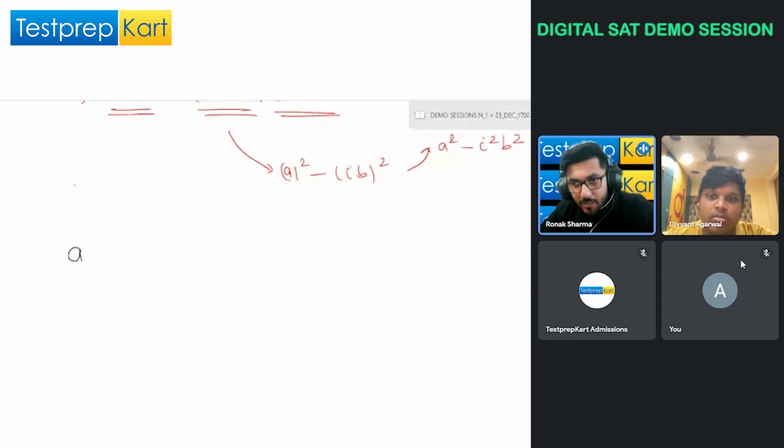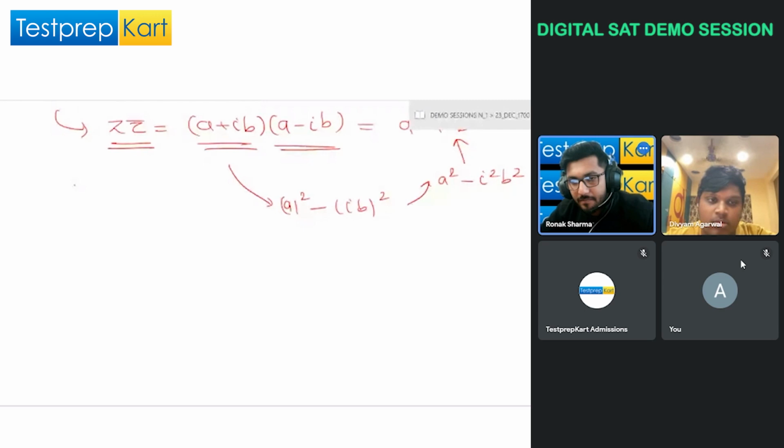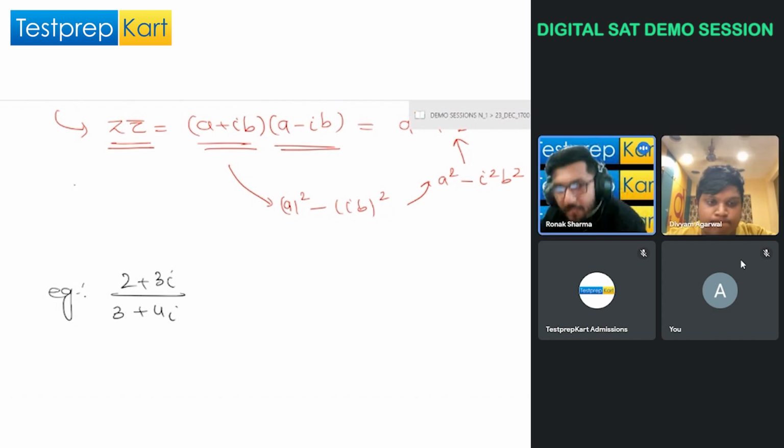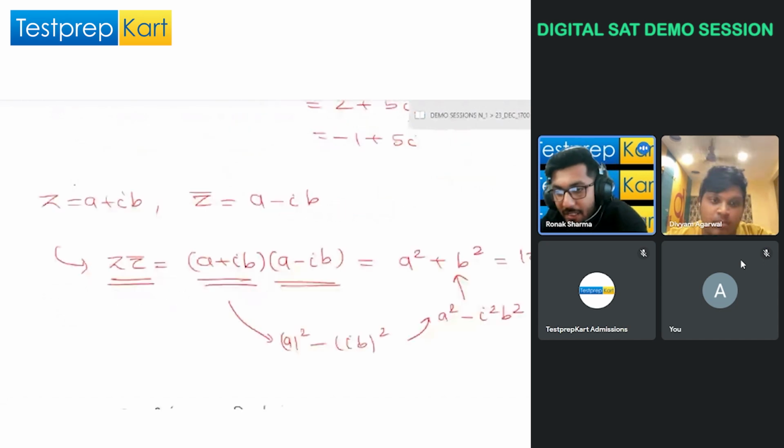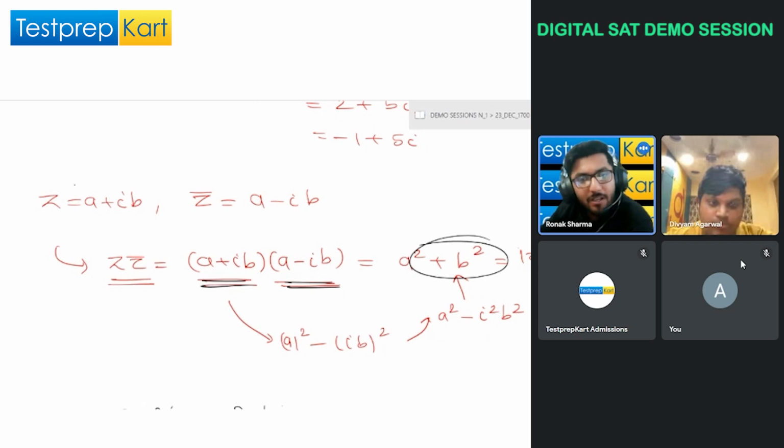Let us take an example, no need to go in terms of a and b. If we have that, definitely we cannot find a value, so we will try to eliminate the complex number from the denominator. We will multiply with the conjugate, because from the previous example, when we multiply any complex number with its conjugate, we only get a real value, and we are happy to have that.